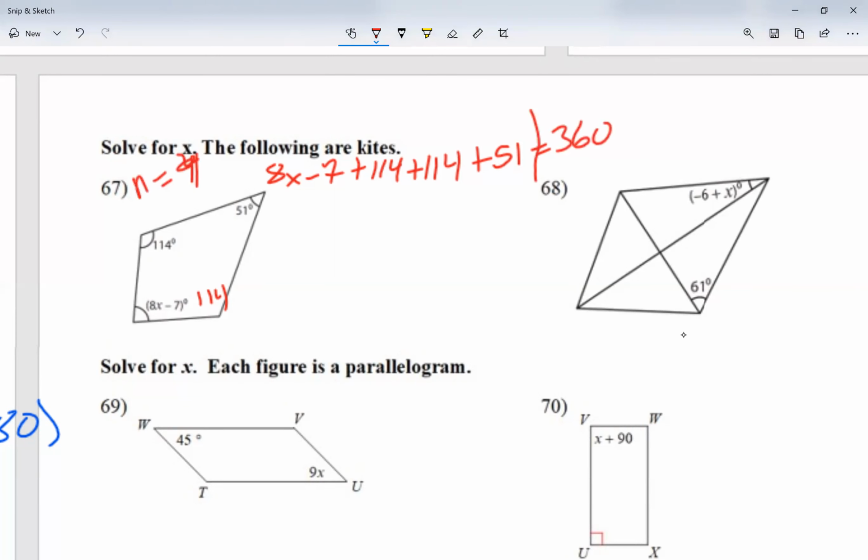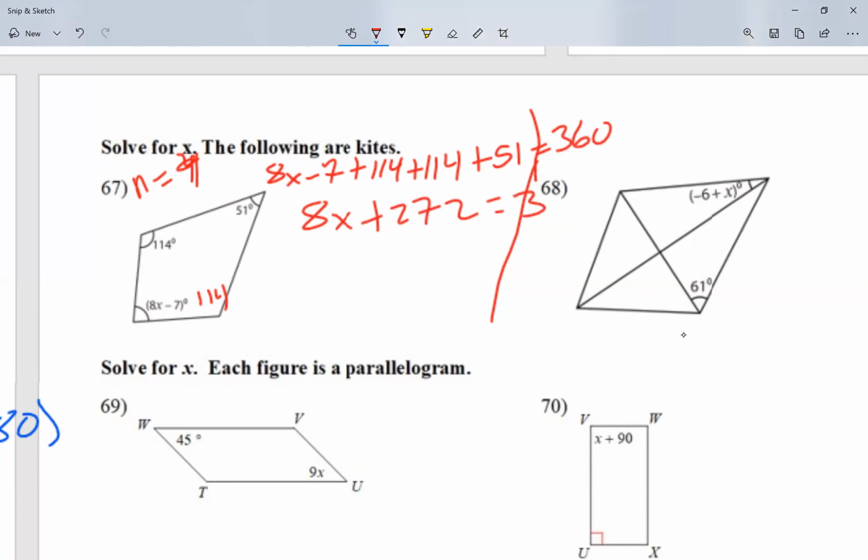That's how I know how much all the angles on the inside add up to. All right, let me separate them to the equal side. The left side, let me combine it a little. When it comes to letters, I have 8x. Now, when it comes to numbers, I have a negative 7 plus 114 plus 114 plus 51. That is 272. So I have that 8x plus 272 equals 360.